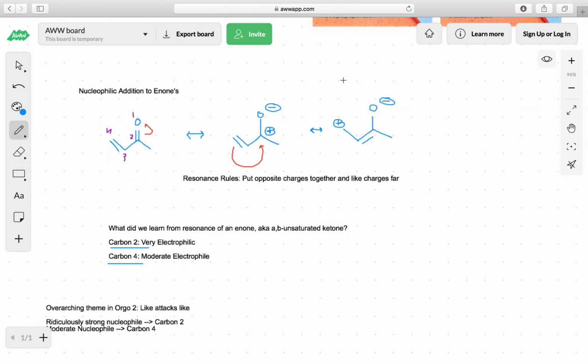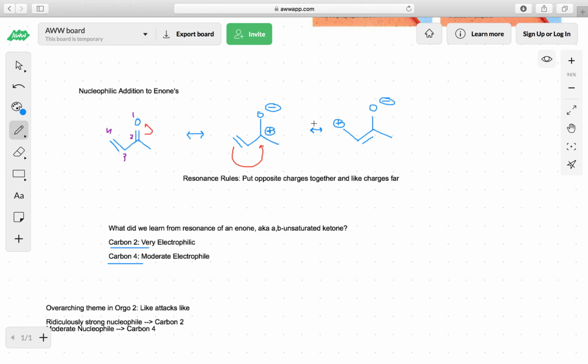Let's see if we can look at our resonance structures and figure out why that is. Well, if we look here, we know that the one that's the better electrophile from these two will be the more important resonance contributing structure. And the way we determine that is we look at which one is more of a stable contributing structure. And we know that we want to keep opposite charges closer together because they're more attractive, in the same line of reasoning that we want to separate like charges.